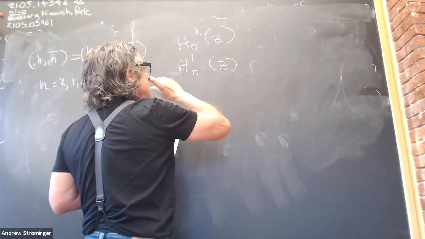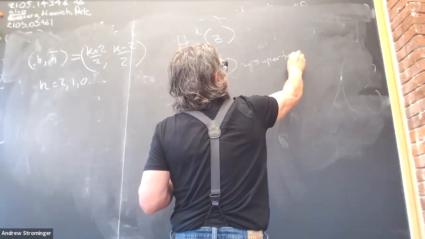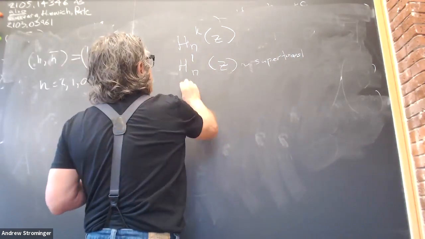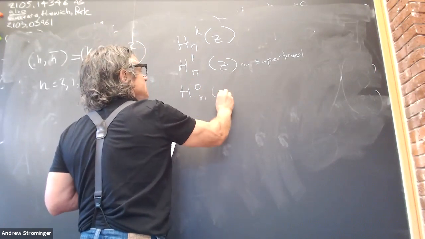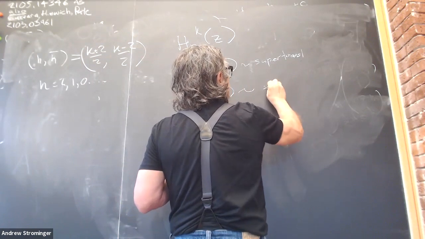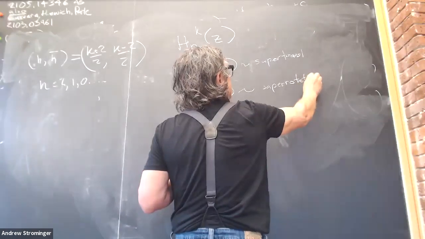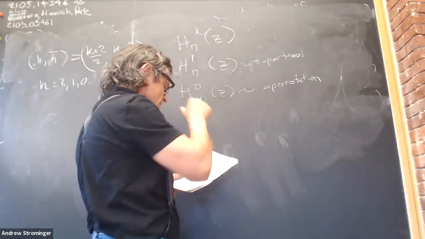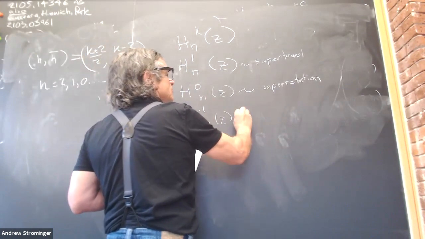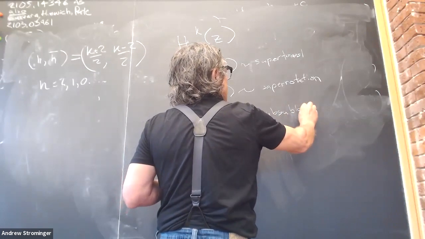H^1 of z is basically the supertranslation current, which generates space-time translations, certain modes of it. And then we have H^0_n of z, which is related to superrotations in a somewhat subtle way. Its shadow generates superrotation. And then we have H^-1, which is related to the subleading soft graviton symmetry. And it keeps going.